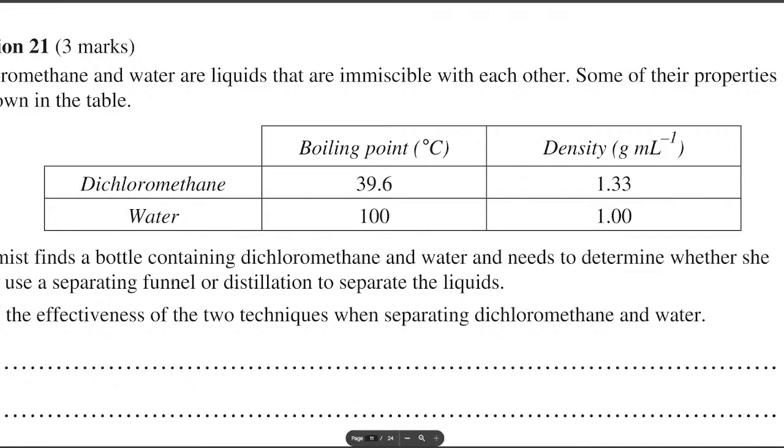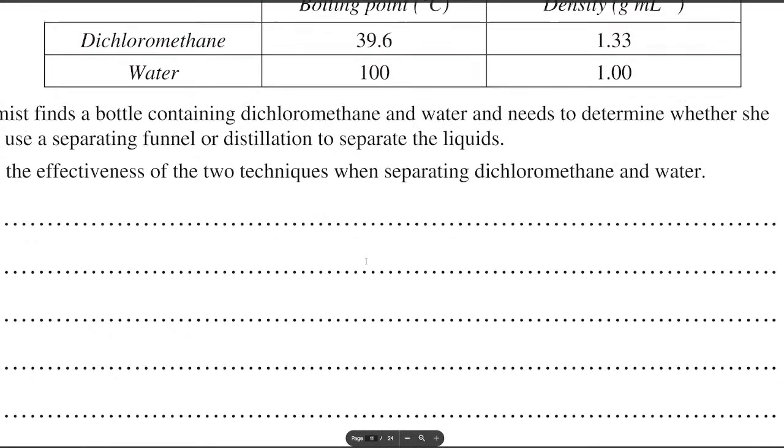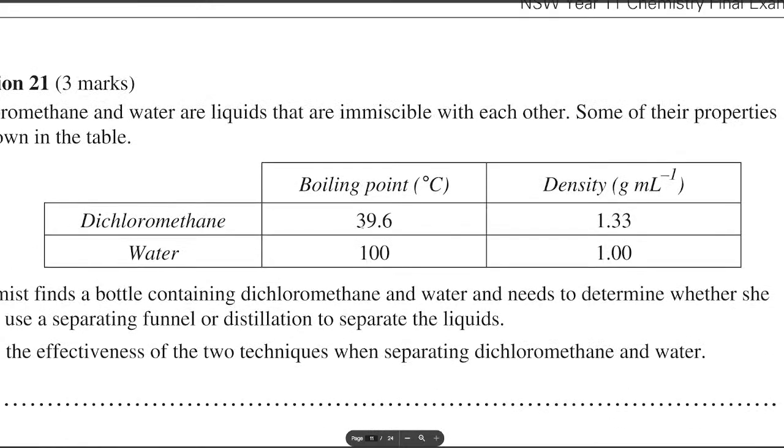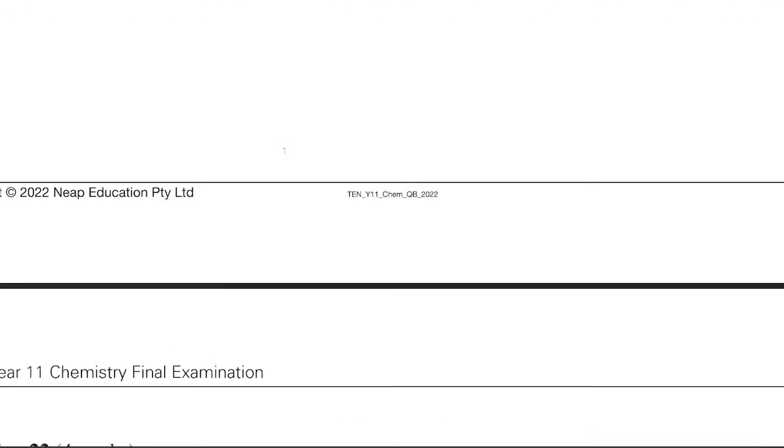It's related to boiling. Funneling, separating funnel, density. So you look at the boiling point, wow, massive difference. So this would be effective. Density, not big difference. Less effective. 3 marks. So I would say 1 mark for saying this, 1 mark for saying that, and then 1 mark for saying which one's more effective.